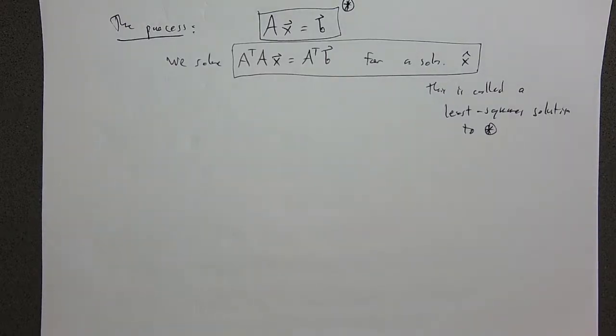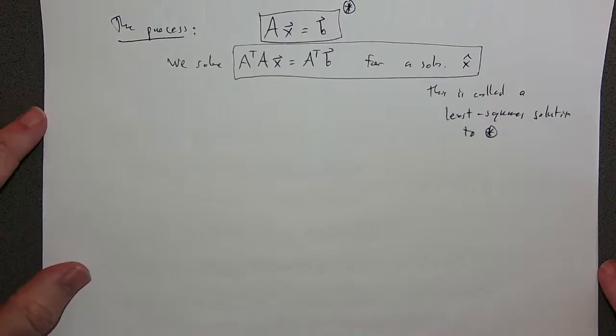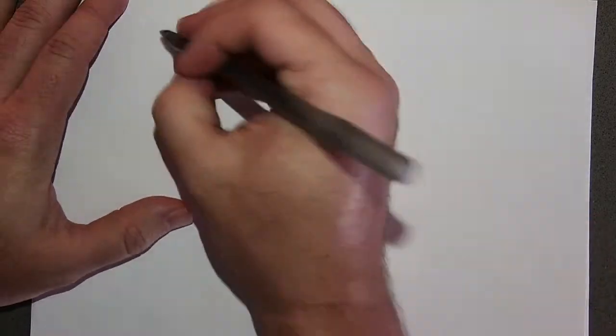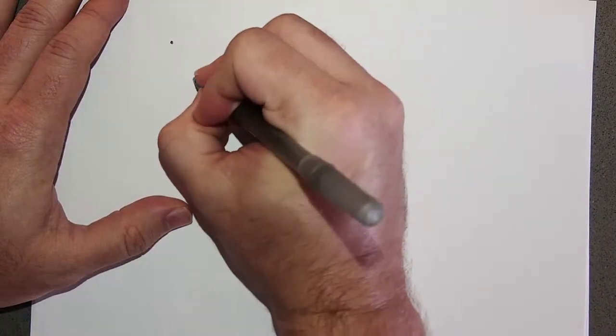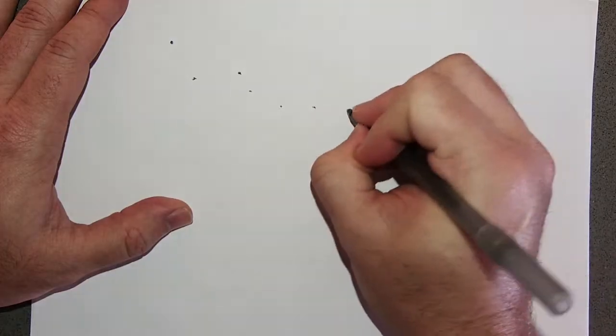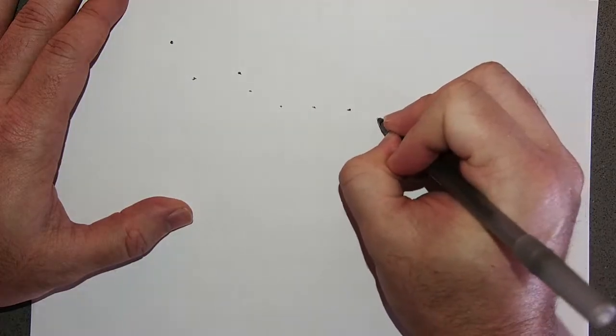Like I said, before we've done a single least squares problem here, I think it makes sense to actually see what it is. What's the idea here? The idea is, say that you have data points that look like this.